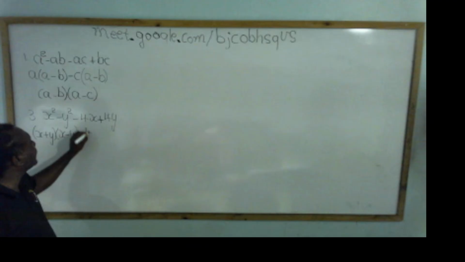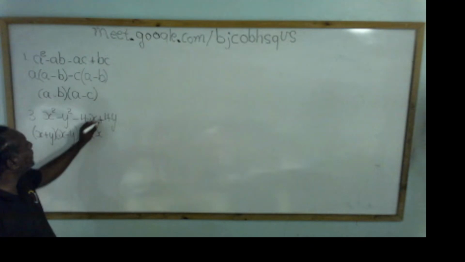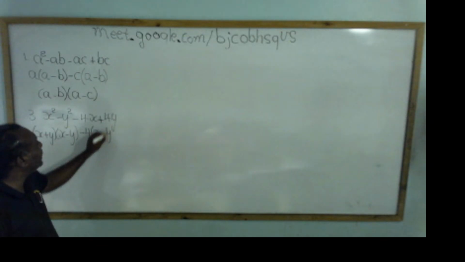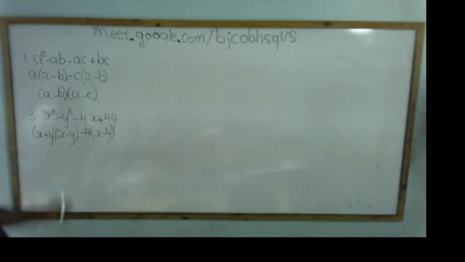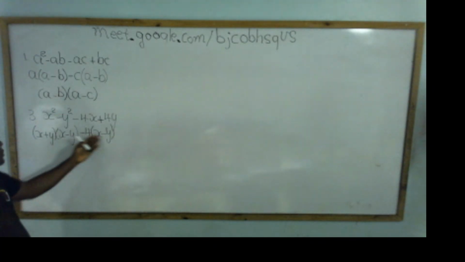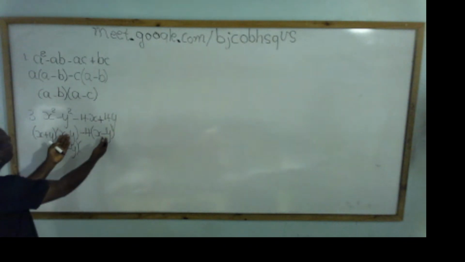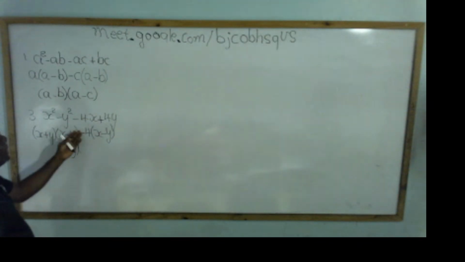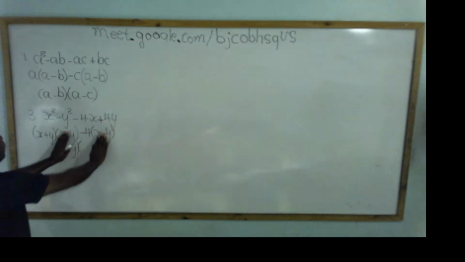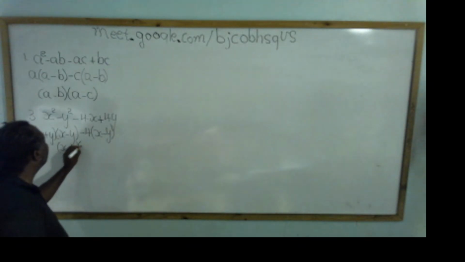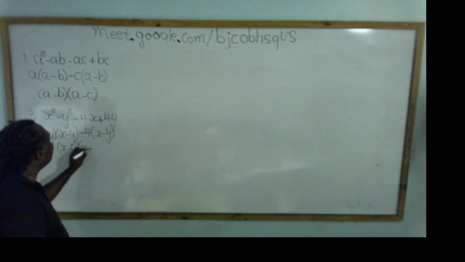Then we'll get x, negative into positive is negative, and then we have y. So what's common there? You can see the x minus y is common. X minus y, that's your common factor. If you take out the common factor of x minus y, what will be left is x plus y minus 4.